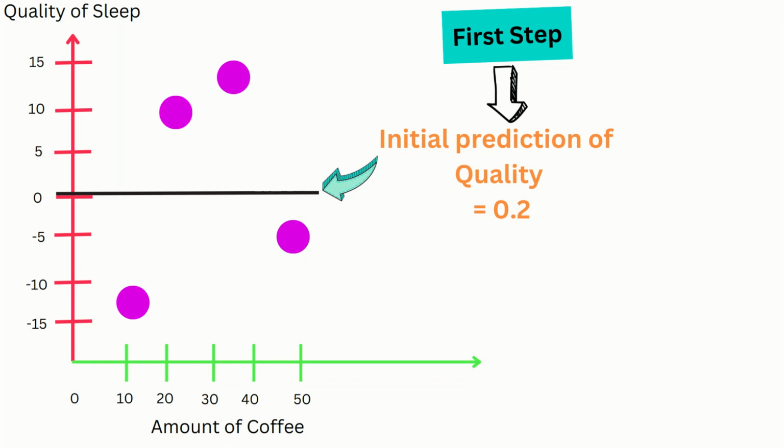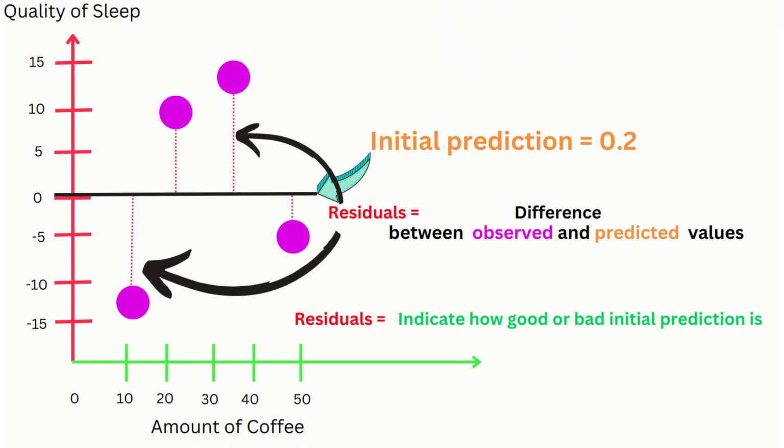The black horizontal line corresponds to the initial prediction 0.2. The residuals are the differences between observed and predicted values. Residuals indicate how good or bad the initial prediction is. On the screen, you can see the dotted red lines between the initial prediction 0.2 and the observations.